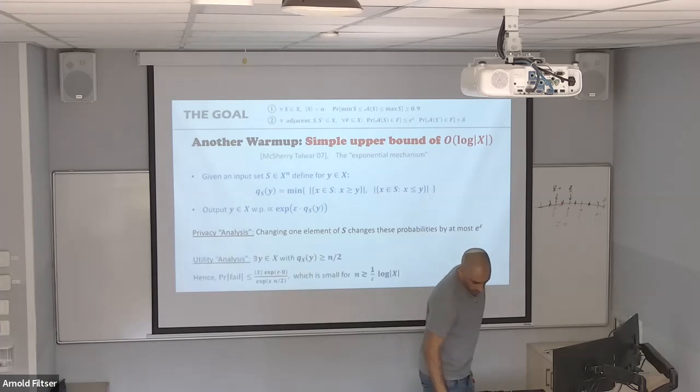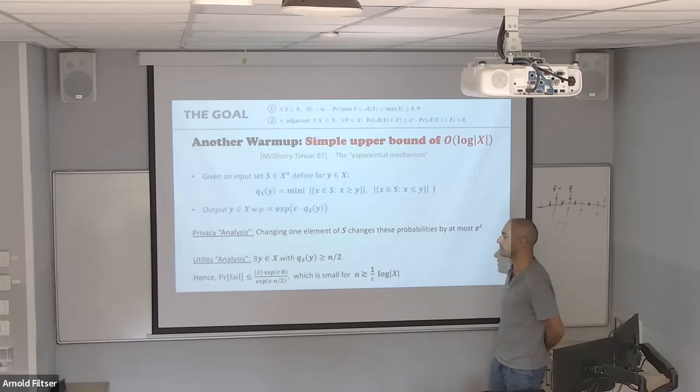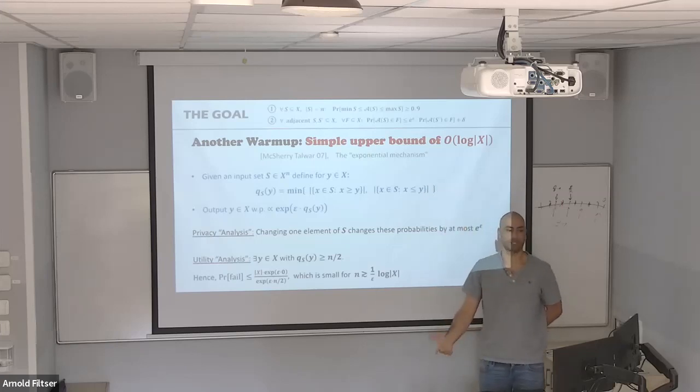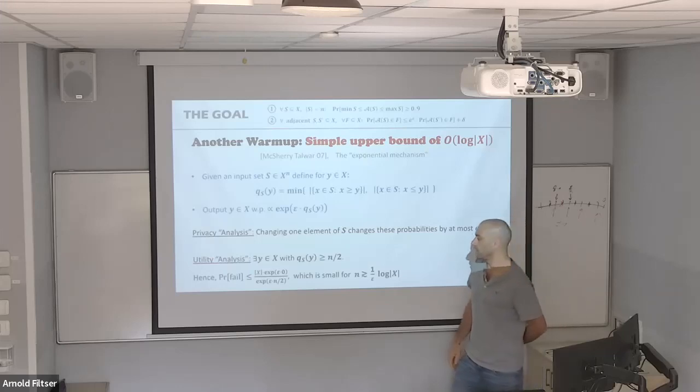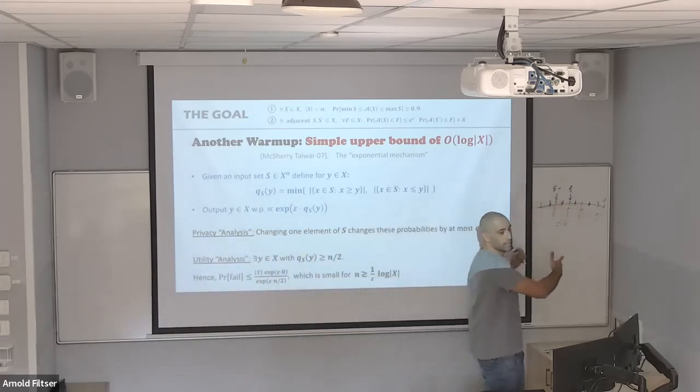Okay, what about the utility analysis? It's also very simple. We know that there is at least one possible solution with perfect quality, with quality n/2. The median has quality n/2. So what's the probability that my algorithm fails and gives me something outside of the convex hull? Outside of the convex hull is quality 0.